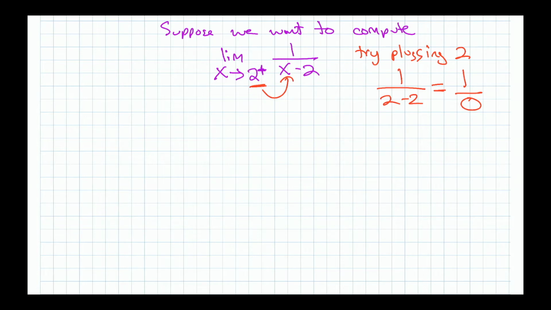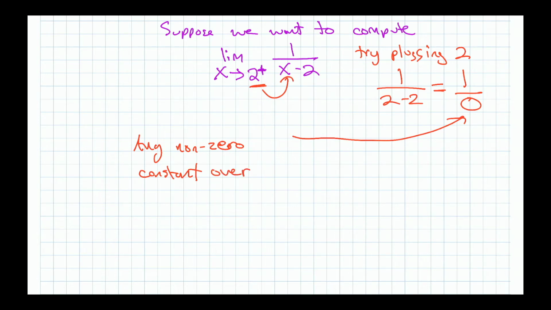Whenever you get a non-zero constant over 0, 0 over 0 could be anything, but 1 over 0 or 2 over 0 or negative 10 over 0, that's always going to be some kind of infinity, plus or minus infinity. Any non-zero constant over 0 is going to give you plus or minus infinity.